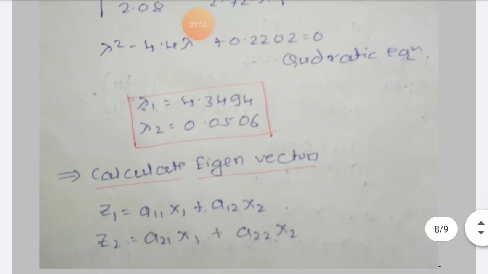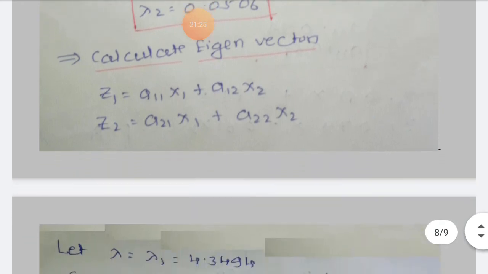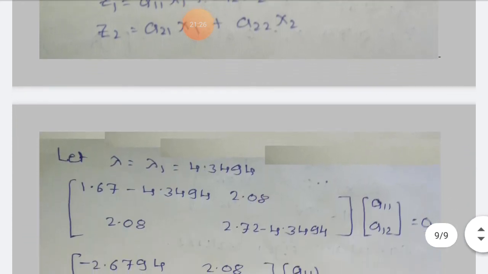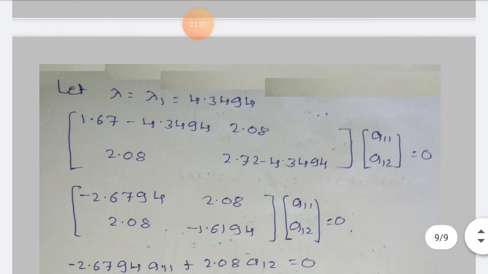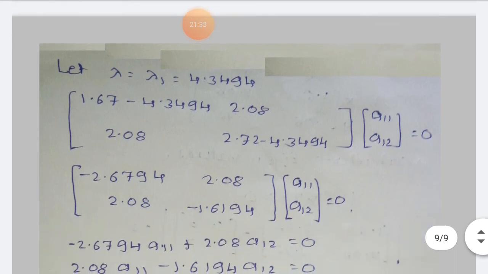Now the next step is to calculate the eigenvectors for the principal component analysis. That is Z1 is equal to A11 x1 plus A12 x2 and Z2 is equal to A21 x1 plus A22 x2. Now let us see how to calculate Z1 and Z2. Now we have two values, lambda 1 and lambda 2.